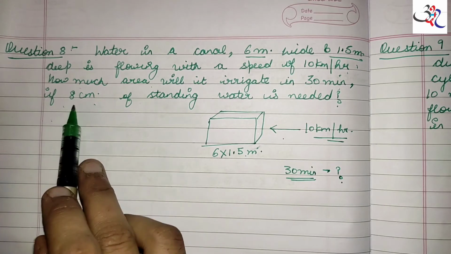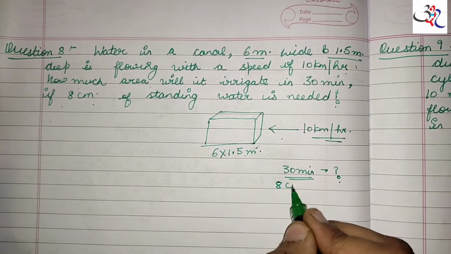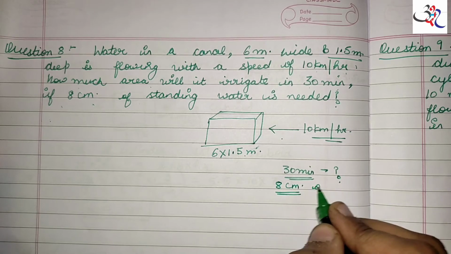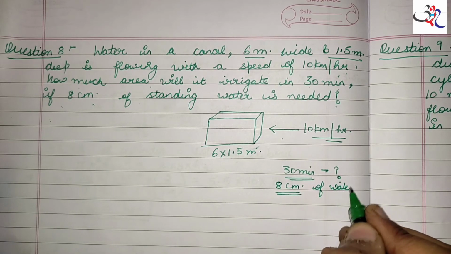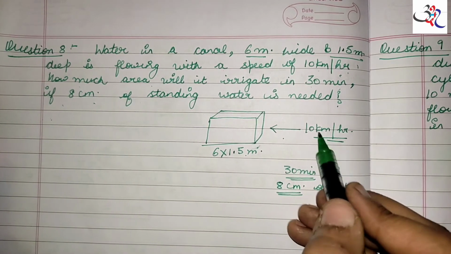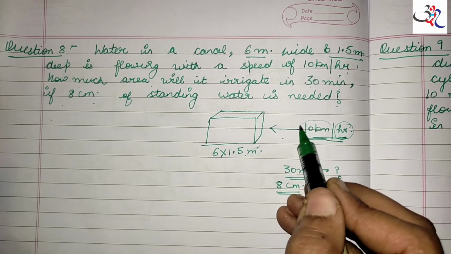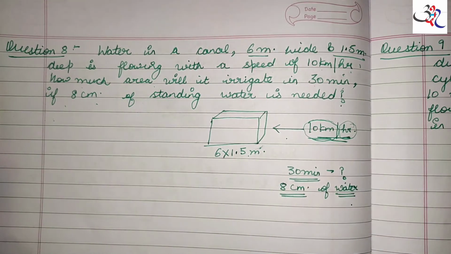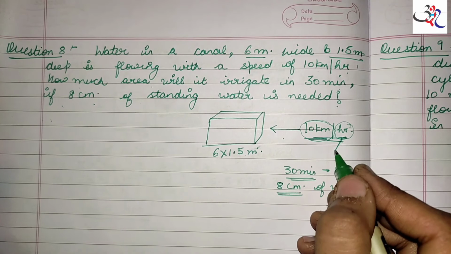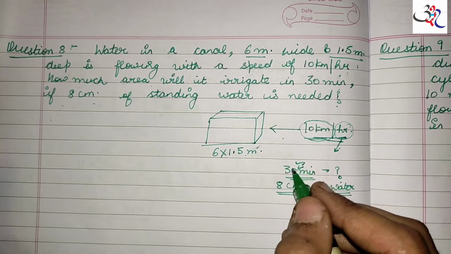We know that 10 km per hour means in 1 hour the water flows 10 km. So we have to find out the area irrigated by the canal in 30 minutes.